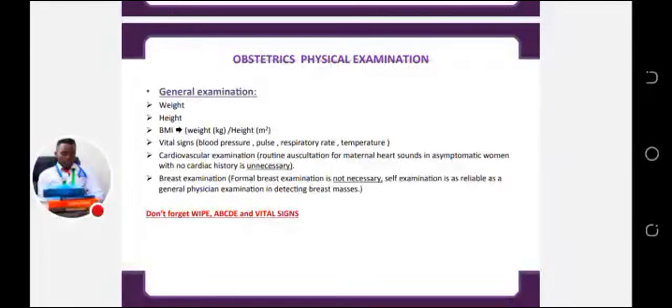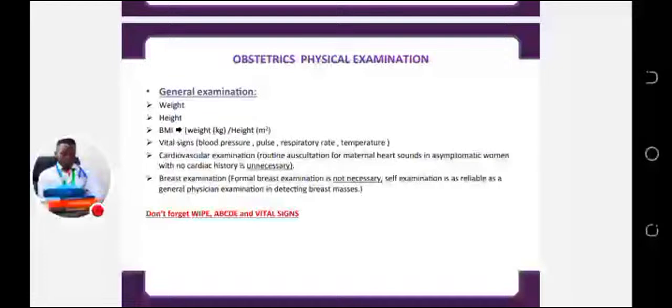But if your client has had any history of cardiovascular disorders, this assessment is very much important and you should not avoid it.